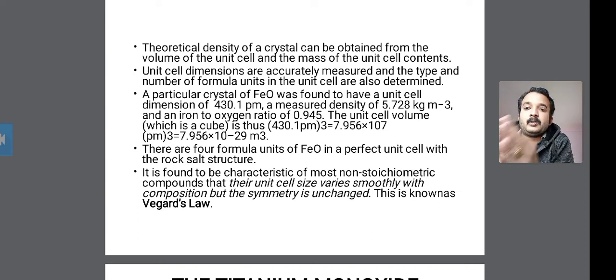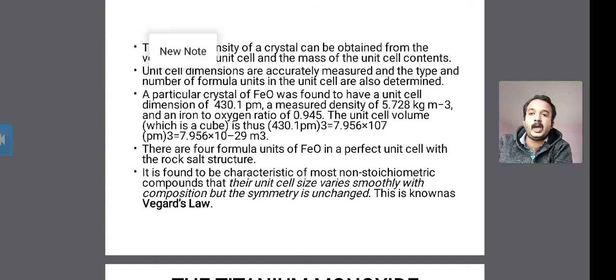A particular crystal of FeO, ferrous oxide, is found to have a unit cell dimension of about 430.1 pm, where pm is the unit. The measured density is 5.728 kilograms per meter cube, and the iron to oxygen ratio is 0.945.